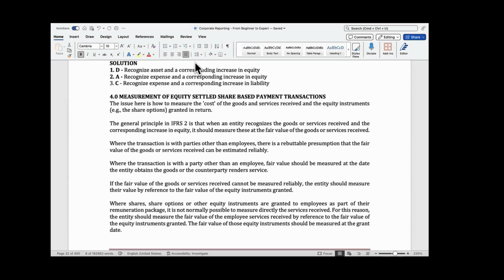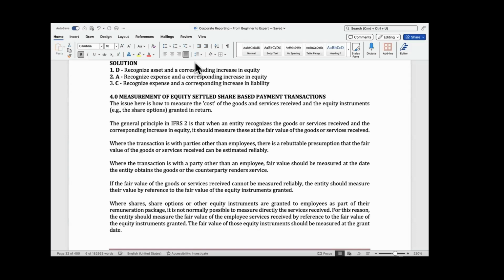And each side has a distinct value, because the seller of those goods or services must have issued an invoice to the entity at an amount. But instead of the entity paying that amount, it has promised to pay with its own equity instrument. That also has a value. So which value are we going to use?